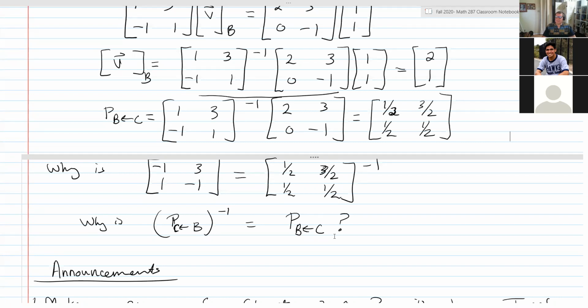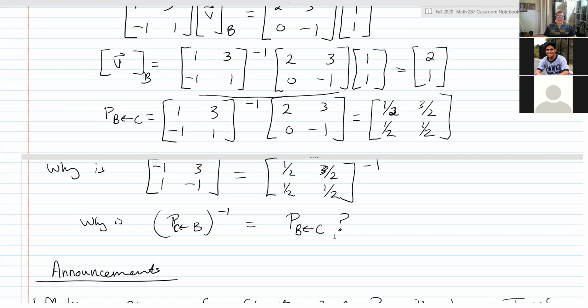Yeah. In some ways, if we think about it from the perspective of just changing vectors, this is that idea of linear transformation.